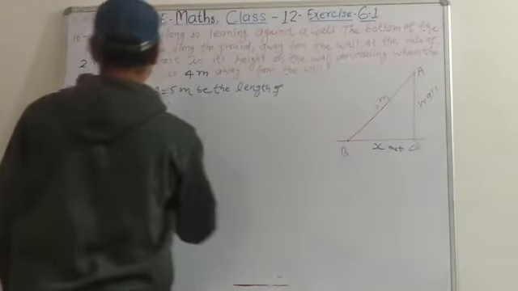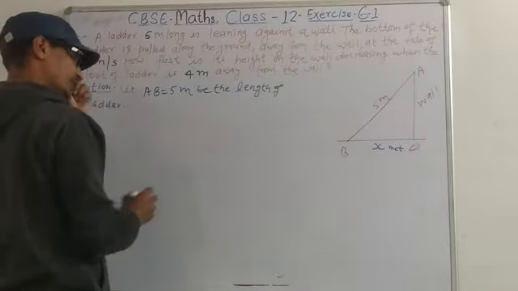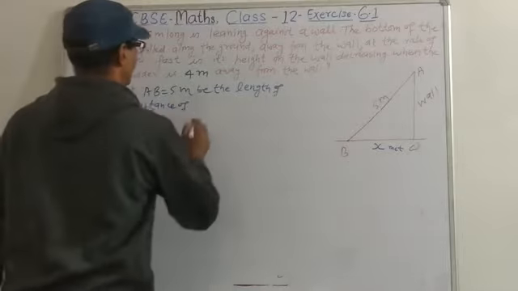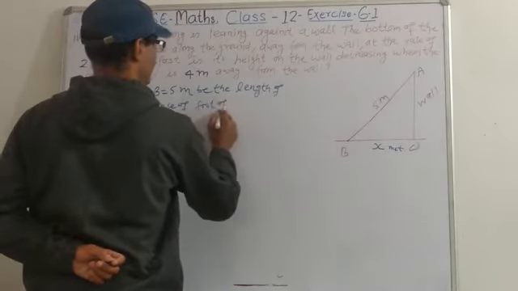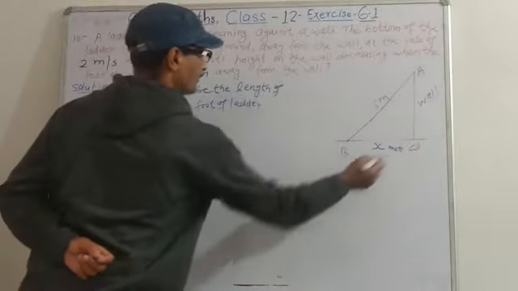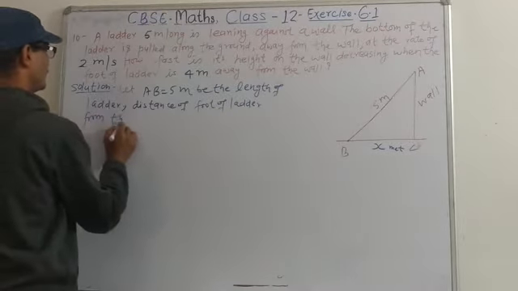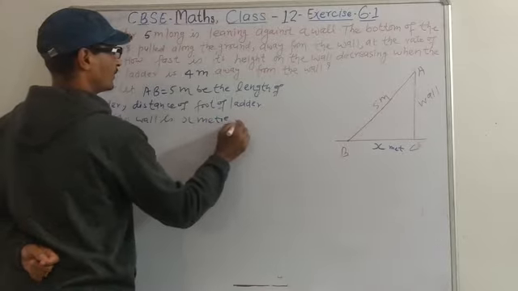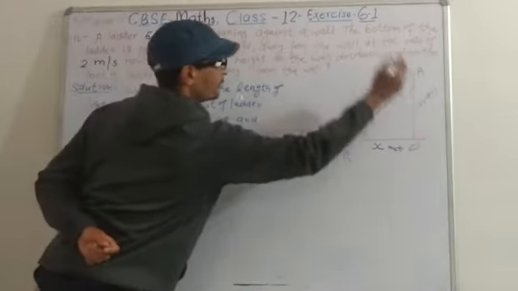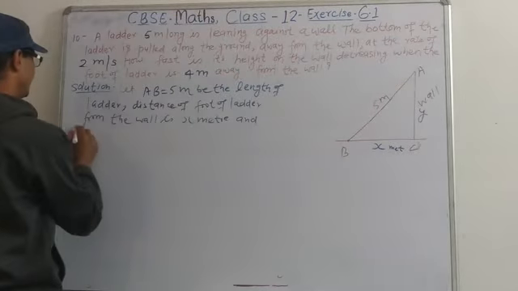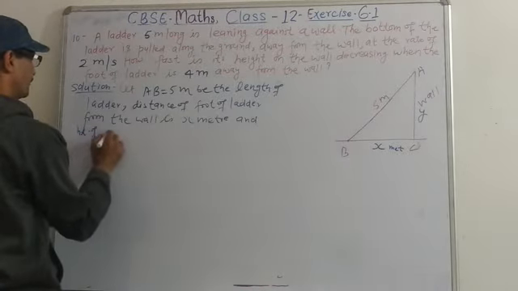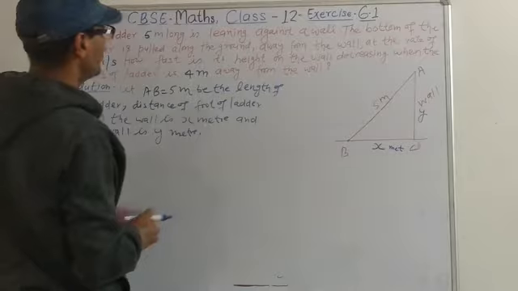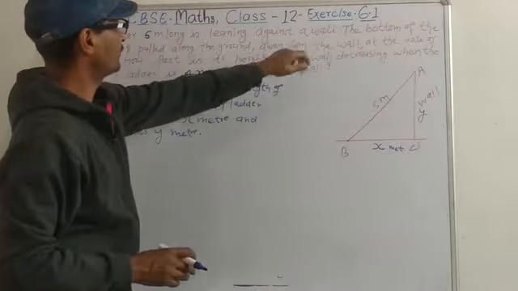This distance of foot, otherwise bottom of ladder, from the wall is x meter, and this one suppose it's y, and height of wall is y meter.